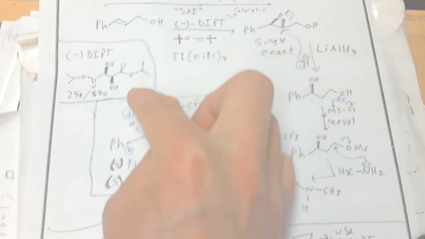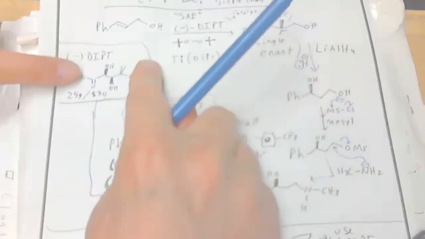T is tartaric acid. Tartaric acid is found in wine. It's a very simple natural chiral molecule that's dirt cheap. So it's a chiral dirt cheap molecule. And those are the best kind of molecules for a reaction like this. It's dirt cheap. It's very abundant on the planet. You can derive it from natural sources basically.